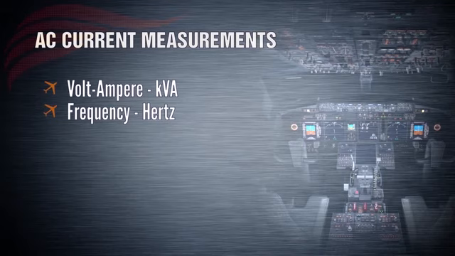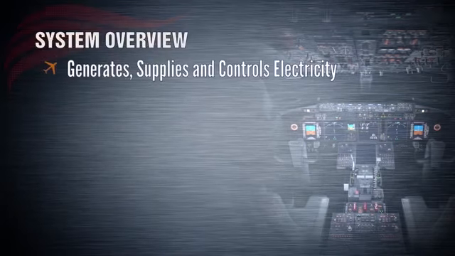Let's now talk a bit about the 737NG electrical system architecture. The electrical power system generates, supplies, and controls electricity for various components in the 737NG that rely on it. Most elements and components aboard the aircraft rely on electricity, either directly or indirectly, for their operation.